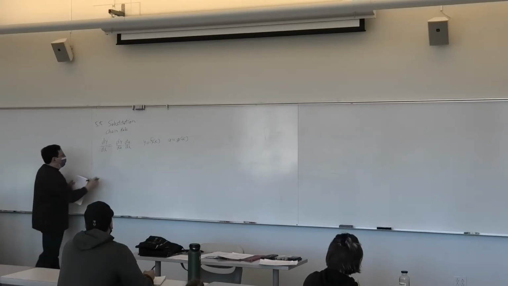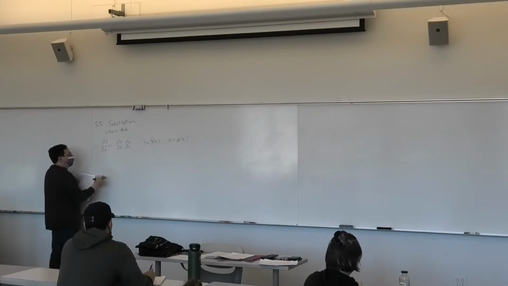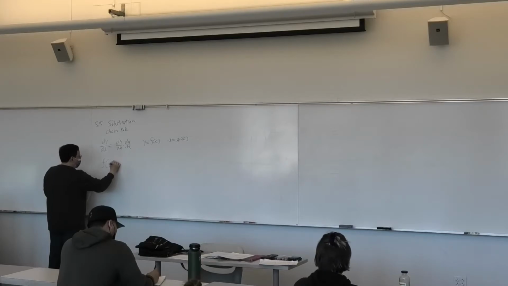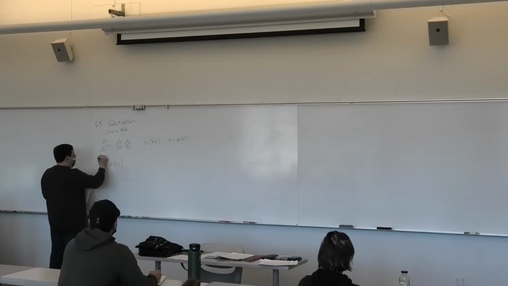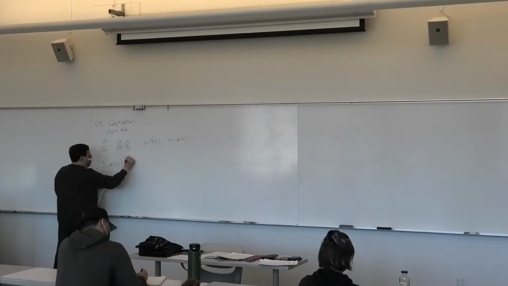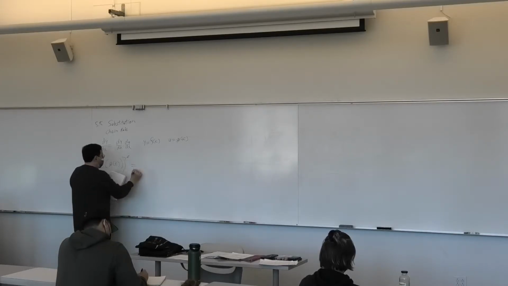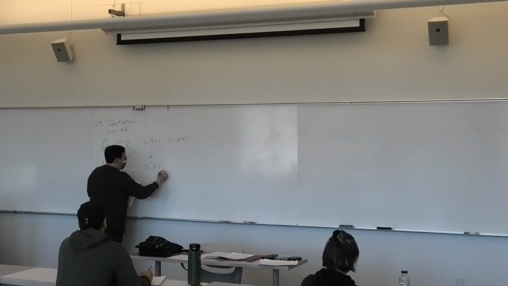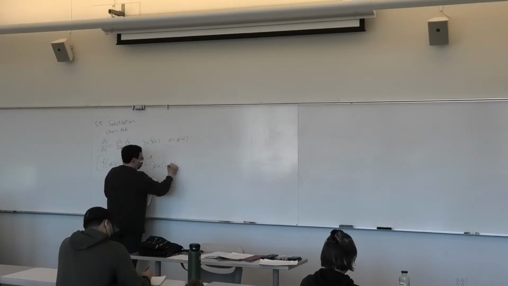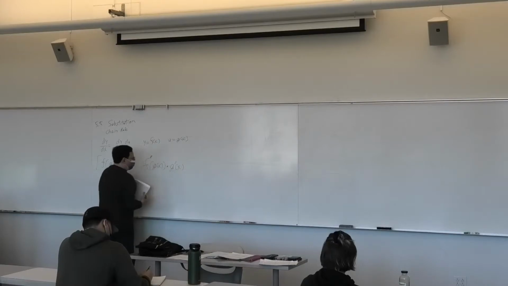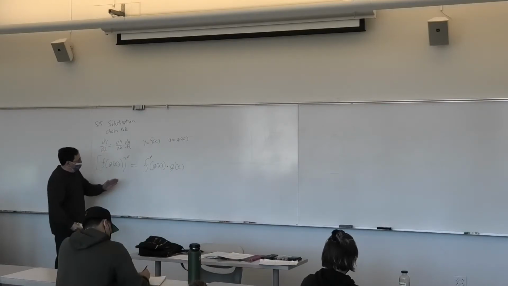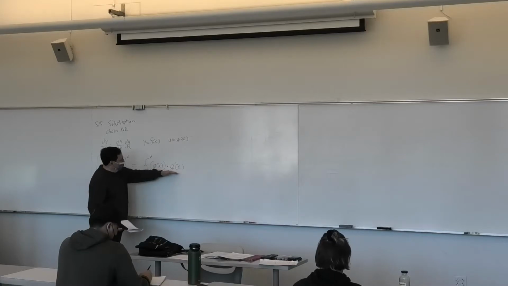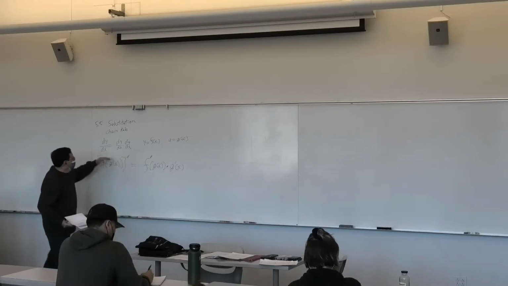So in Newtonian notation, we would write it this way. We'd say we have some function f of g of x, some composition, and we want to find its derivative. And we would find that its derivative is the derivative of f at g of x times the derivative of g at x. Repeat that: the derivative of f at g of x times the derivative of g of x.